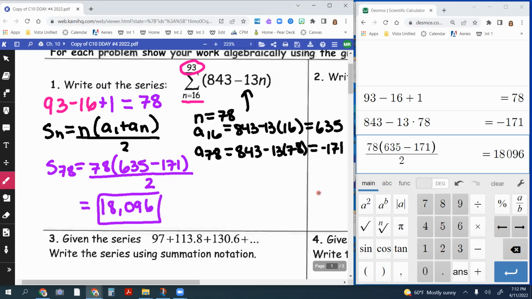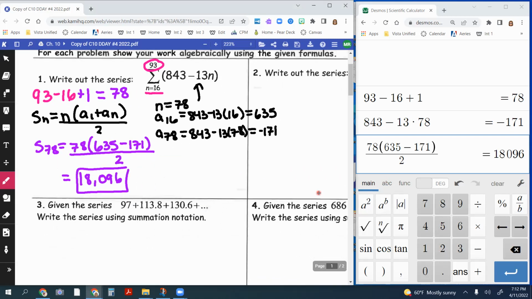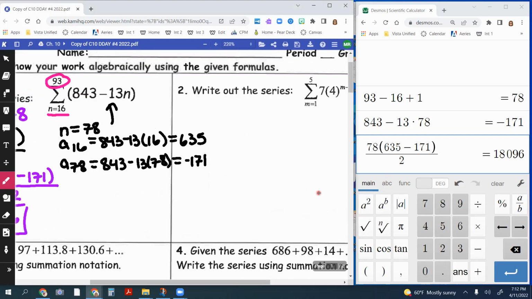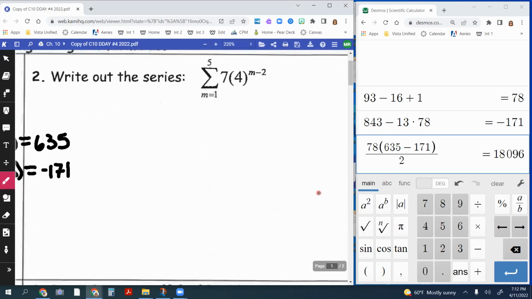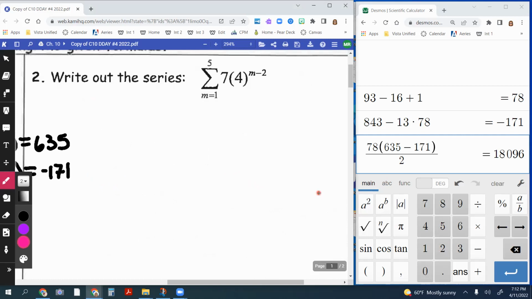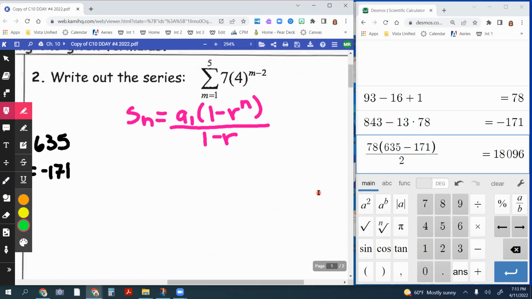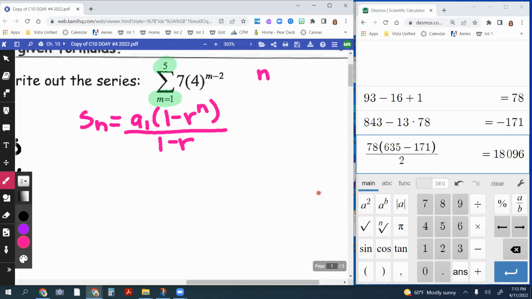Now the next problem is geometric, and for this one, when we want a geometric sum, we're going to be figuring out a1 times 1 minus r to the n, all over 1 minus r. In this case, I am starting with my first term through my fifth term, so my n is going to be 5.